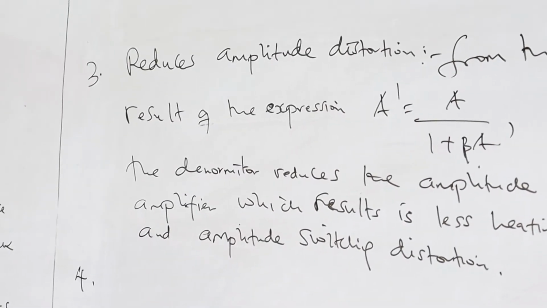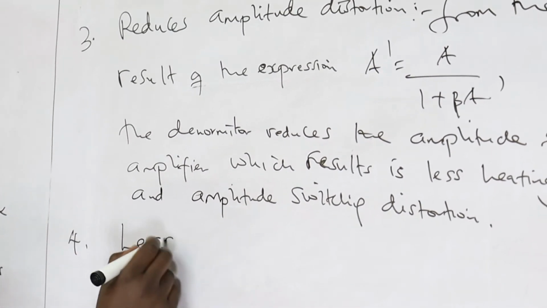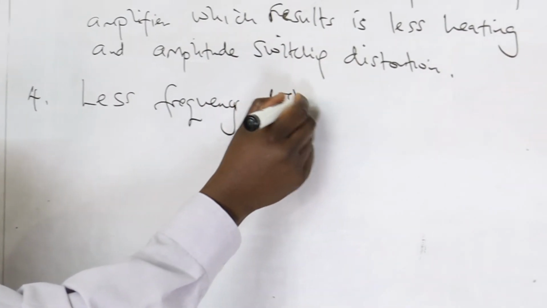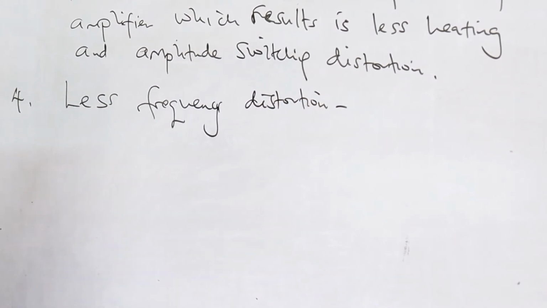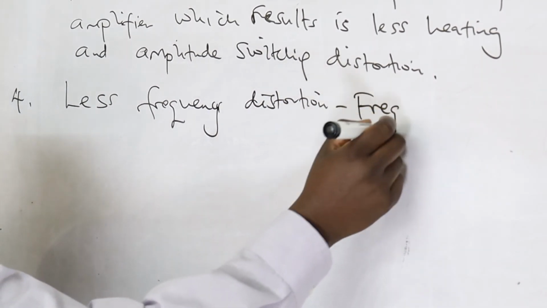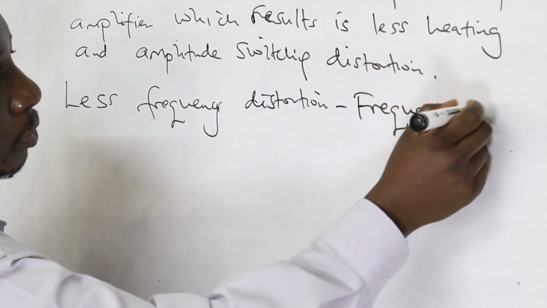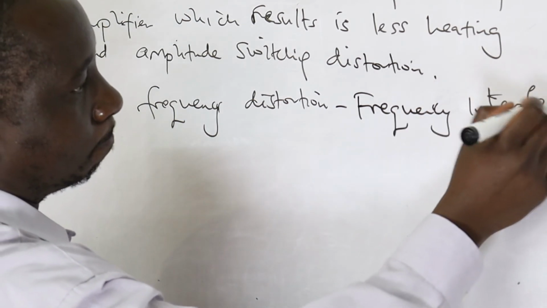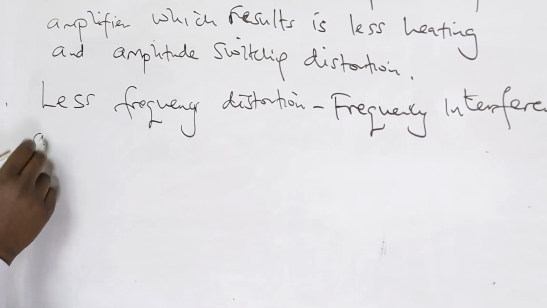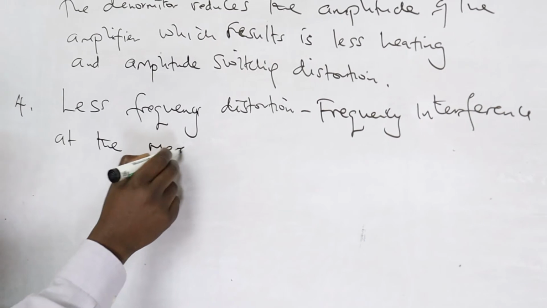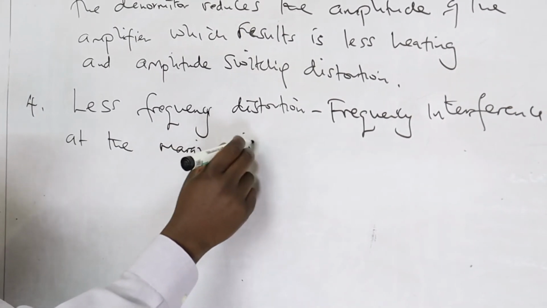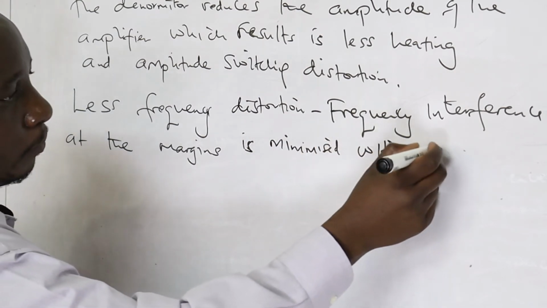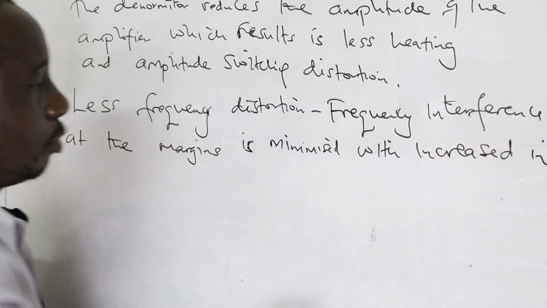Number 4 is less frequency distortion. Frequency interference and the margins is minimized with increased bandwidth.